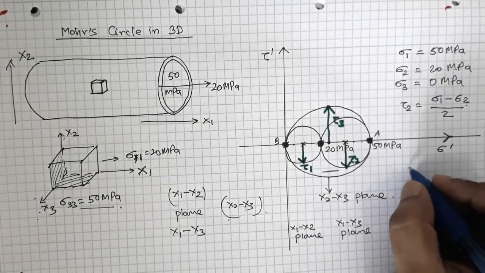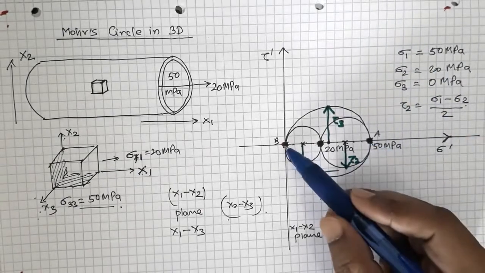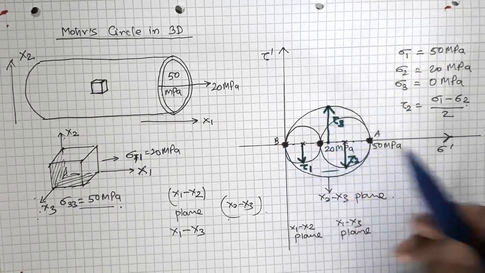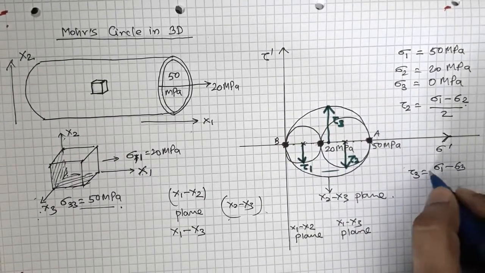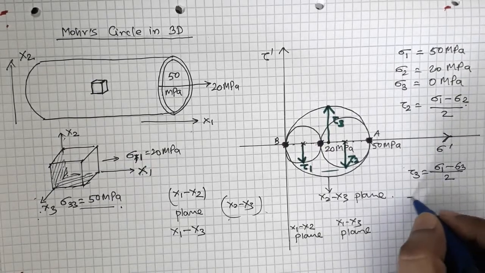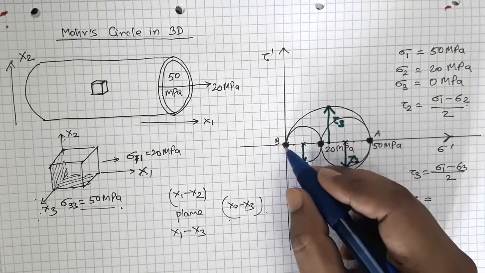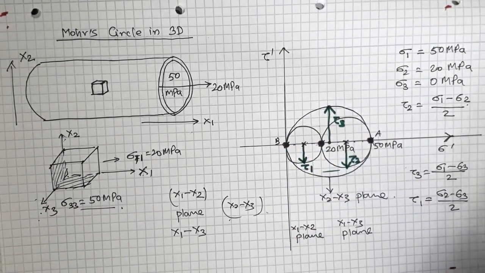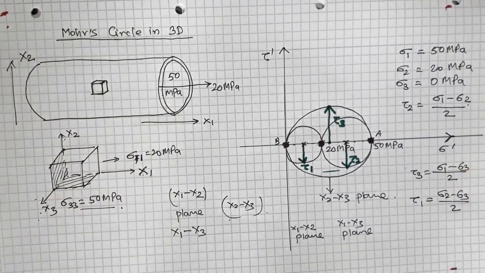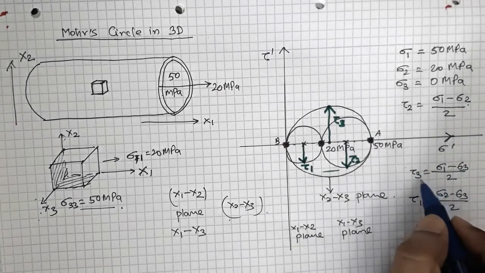Similarly, if I take sigma 1 and sigma 3, so 50 and 0, tau 3 is equal to (sigma 1 minus sigma 3) by 2. And tau 1 will be, this is sigma 2, this is sigma 3, so (sigma 2 minus sigma 3) by 2, right? So these are my 3 shear stresses, and my maximum shear stress is (sigma 1 minus sigma 3) by 2, that means tau 3.